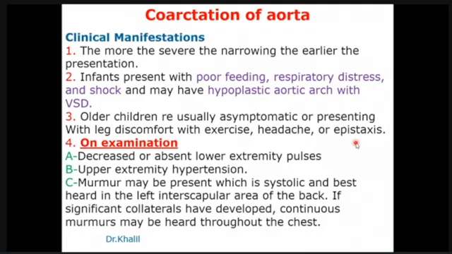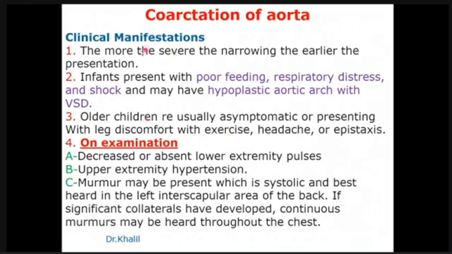The blood pressure will be high in the upper part of the body, I mean in the upper limbs and in the head. So they develop headache, epistaxis because of the hypertension, while the lower limbs show pain and discomfort during exercise.